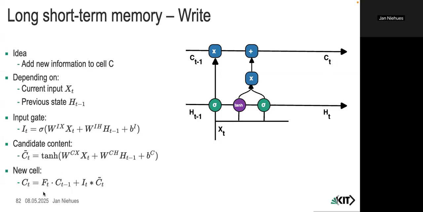So it's ft times ct-1. The forget gate is between 0 and 1. If you want to forget, it's 0, sorry. Then you multiply your old content with 0, so it's released. If you want to keep it, it should be around 1. Then it's just your old cell state. Now the same thing happens with your input gate.